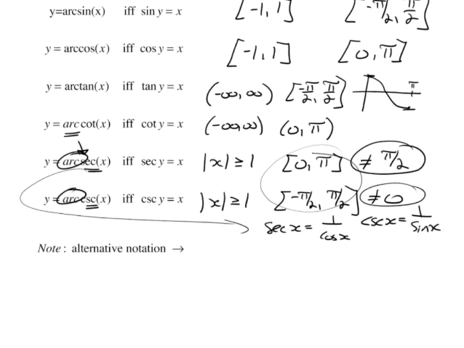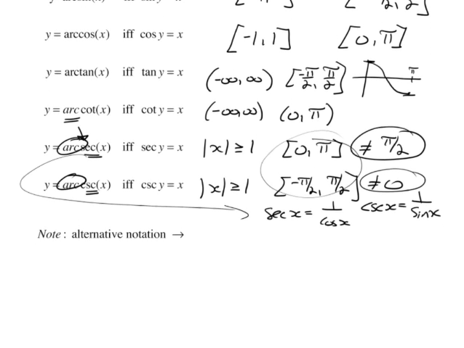Now, we very commonly use a shorthand notation for arcsine, arcsecant, and so forth. And that shorthand notation is simply arcsine of x we write as sine with a -1 exponent of x. Now, this exponent is not an exponent. It is an inverse notation.